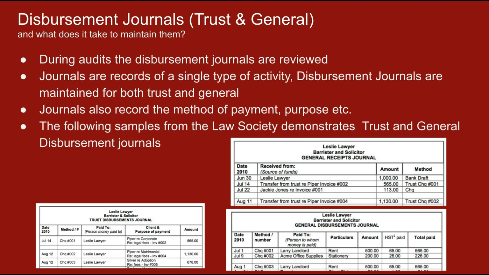If you take a receipt journal, it will only show you the money that has come into that account. If you take a disbursement journal, it will show you the money that has gone out of that respective account, which is trust or general. So journals are a record of a single type of activity, either receipts or disbursements, for the respective bank accounts, which are trust or general.